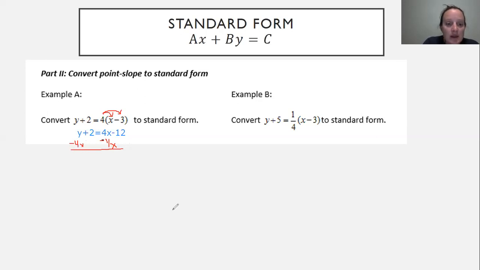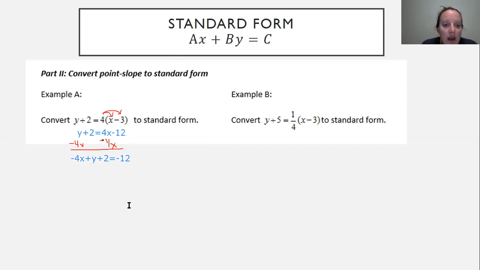So you get negative 4x plus y plus 2 equals negative 12.